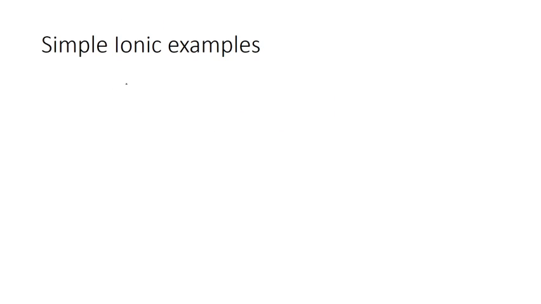So for some examples, let's start out going formula to name. Let's see if I had something like Na3N. We look at these: Na, sodium, and then N, we know that's nitrogen.